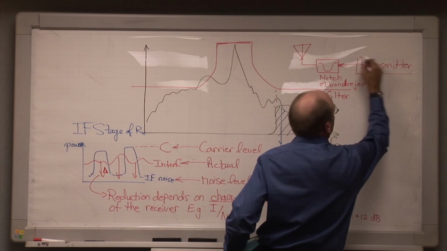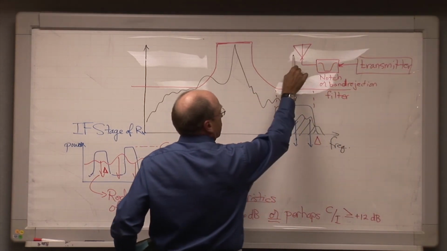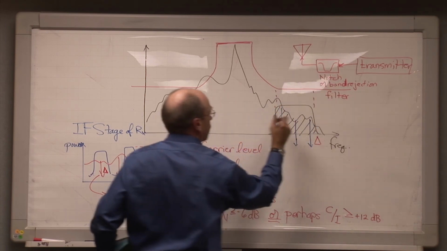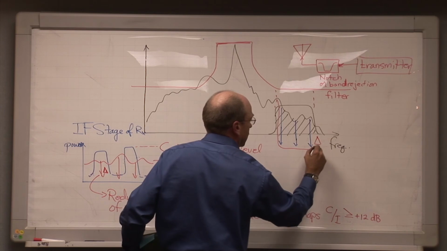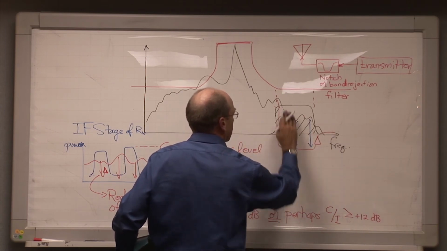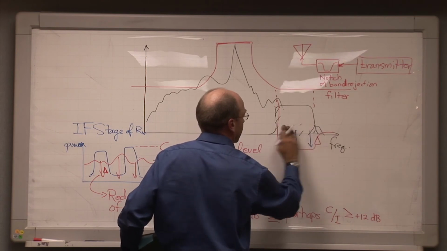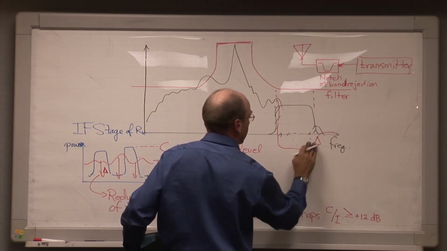We're going to install a filter after the transmitter, before the antenna, which is going to reduce these emissions by that much across at least that much of the spectrum. So we're going to bring it down to look like that. Bring it all the way down into here.